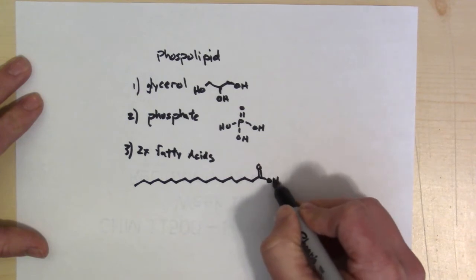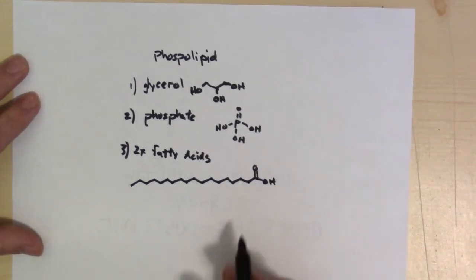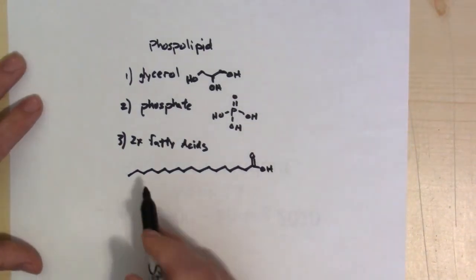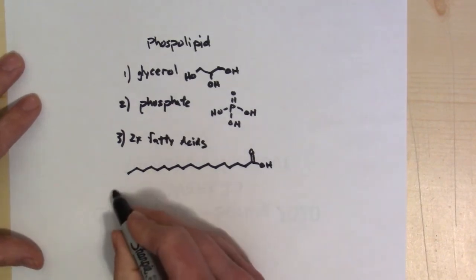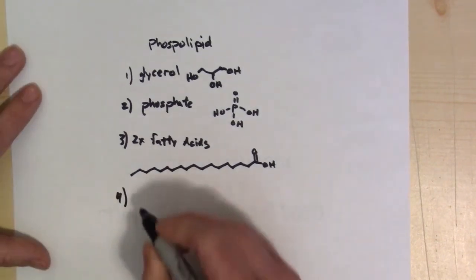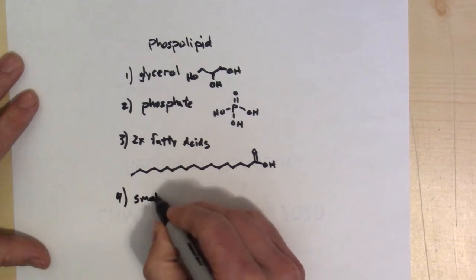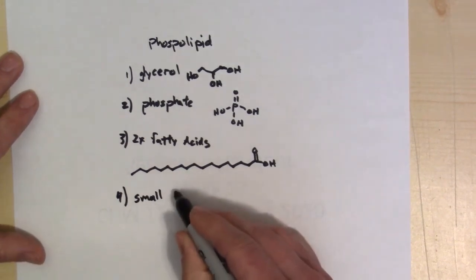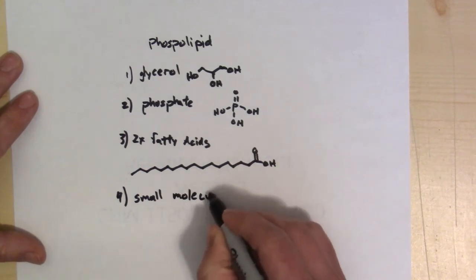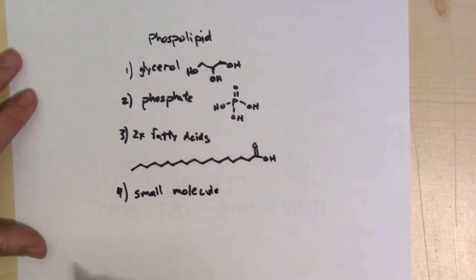So something kind of like that, that's stearic acid. It'll have 2 of those, and then the fourth component is typically some small molecule. This can be a couple different things. We'll use choline here, which is a transmitter.